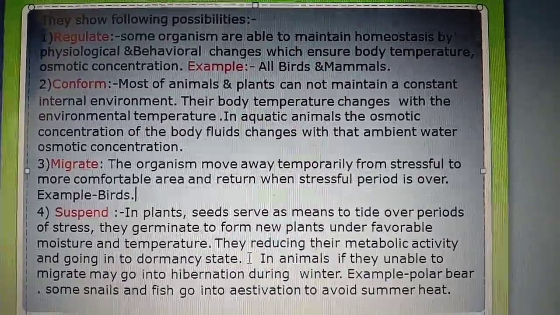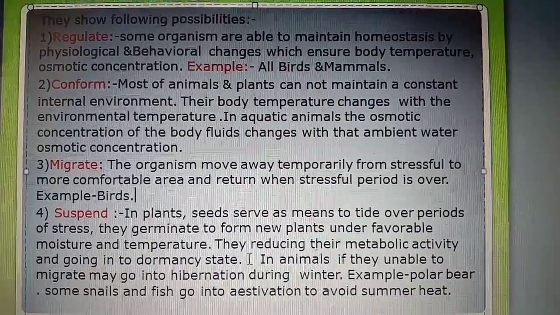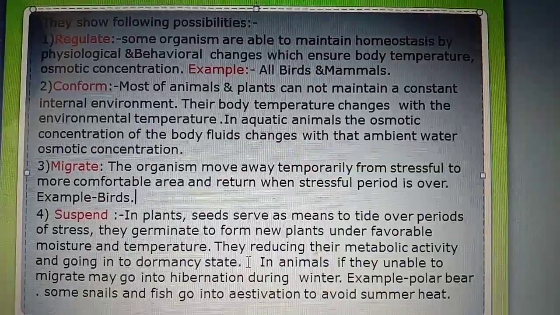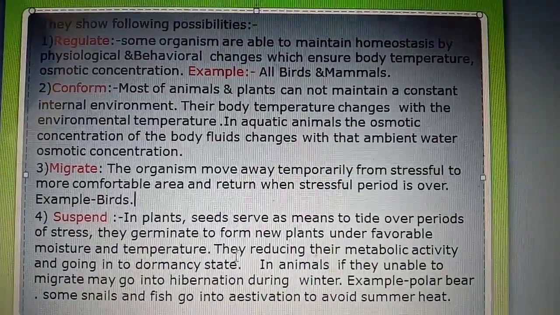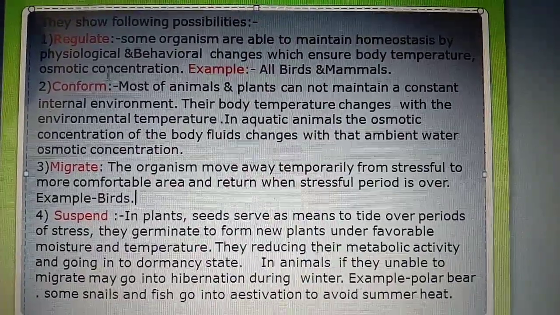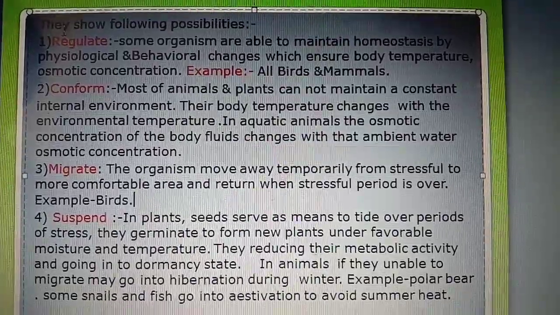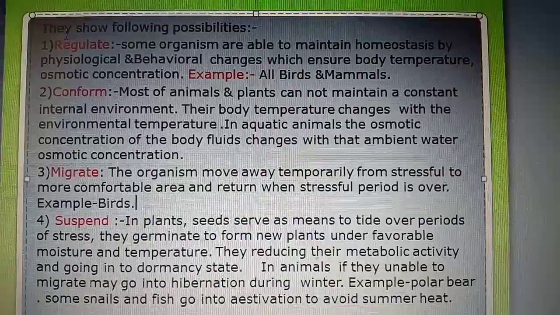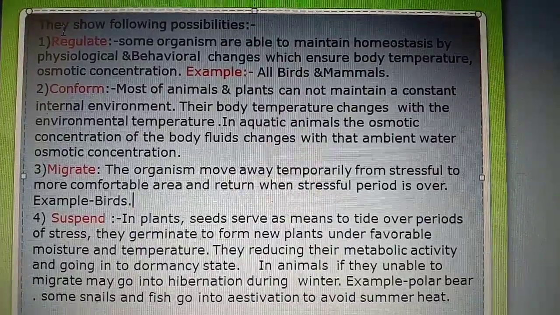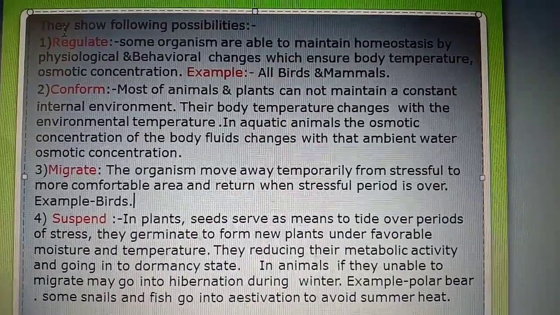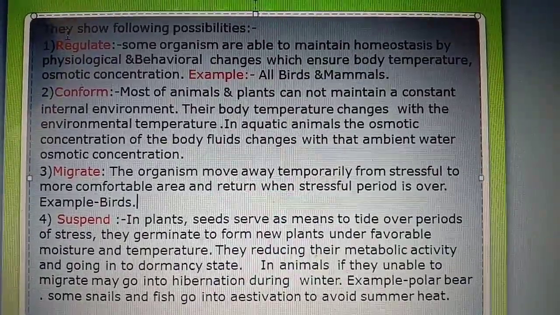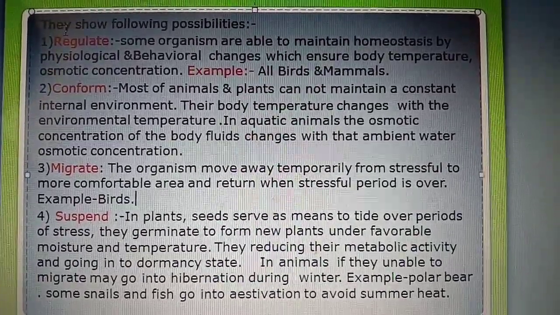So these conditions are present in animal life. Different conditions are present in the abiotic factors of the organisms.